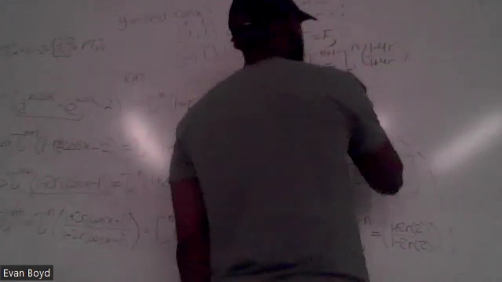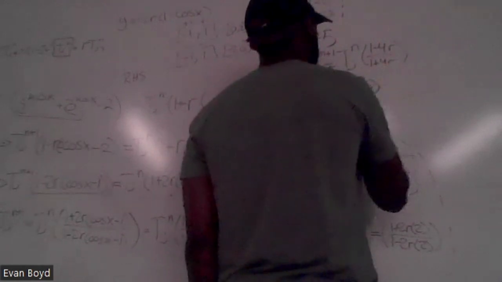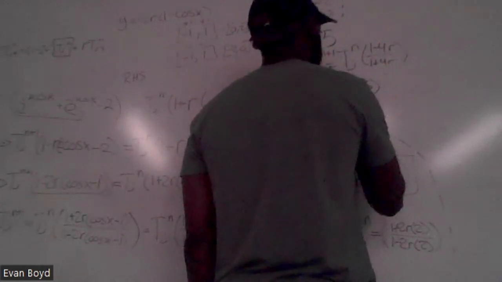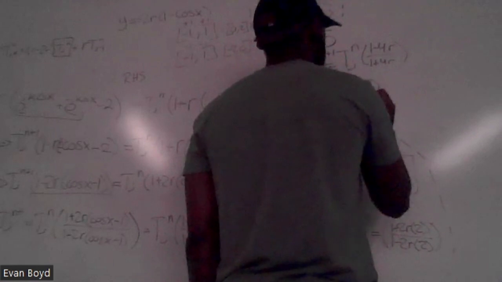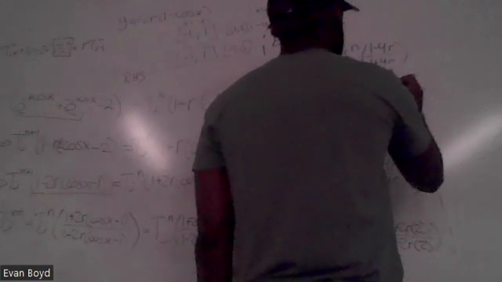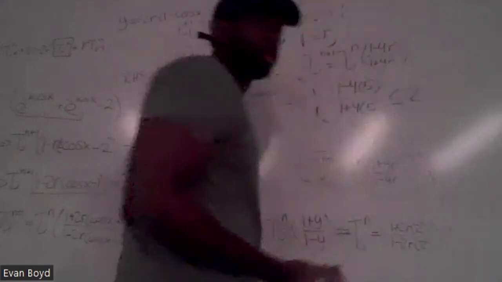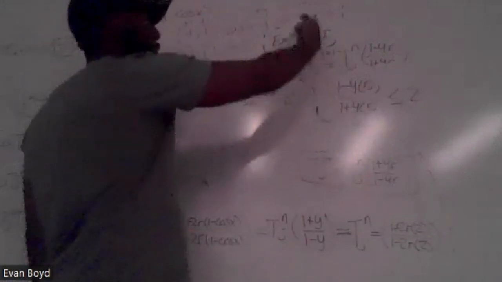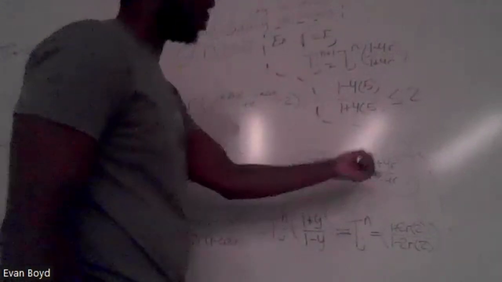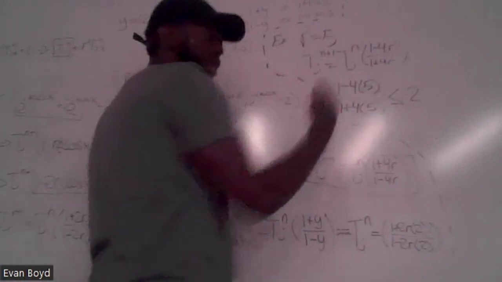For this, we will get (1 minus 4 times 5) divided by (1 plus 4 times 5). And this should be less than or equal to 2. Because remember, we still use 2 for our domain for this expression. That's how we got this. So this should be less than or equal to 2.